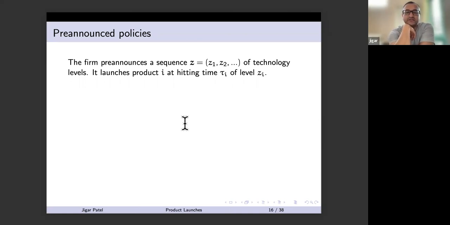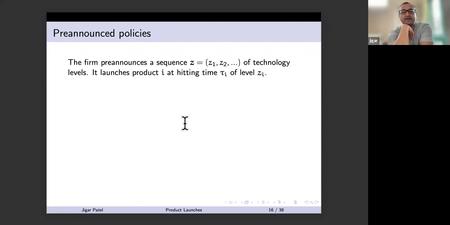The firm pre-announces a sequence Z, Z1, Z2, Z3 up until infinity, of technology levels. So in the example, Intel says we'll look at 9 nanometer or 10 nanometer chips, then an architecture improvement, then 5 nanometer chips, and so on, where they announce these levels Z1, Z2, Z3.